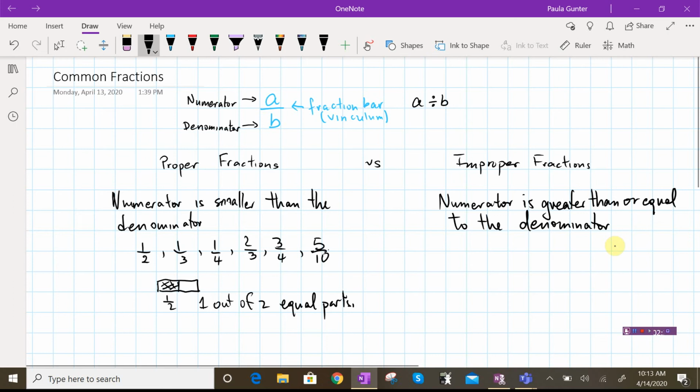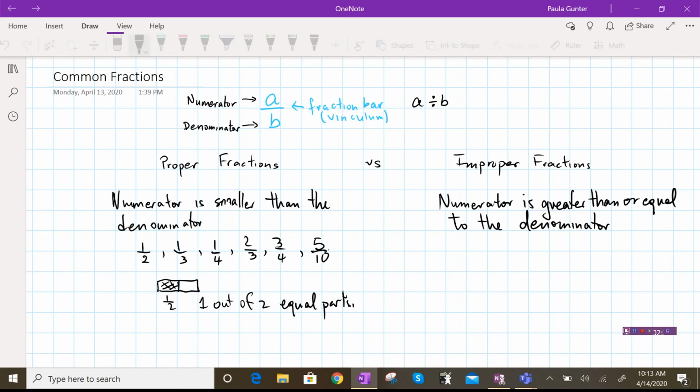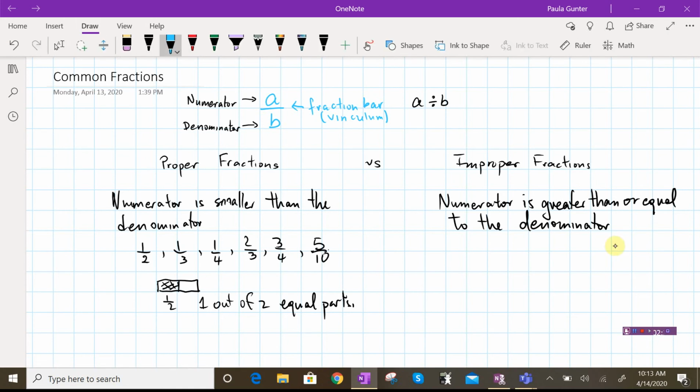So let's even look at a couple of these. Let's go back, and here if I wrote 2 out of 2, 3 out of 3, in both of these cases the numerator and denominator are equal, and later on we'll see that this represents a whole, one whole.